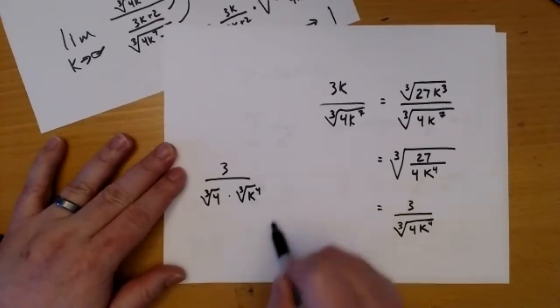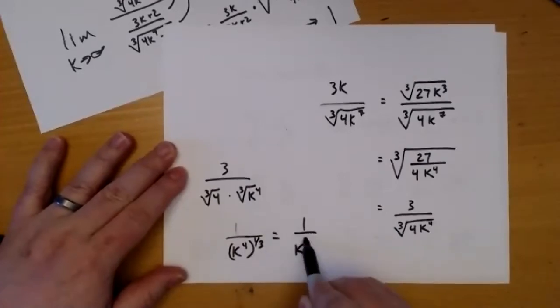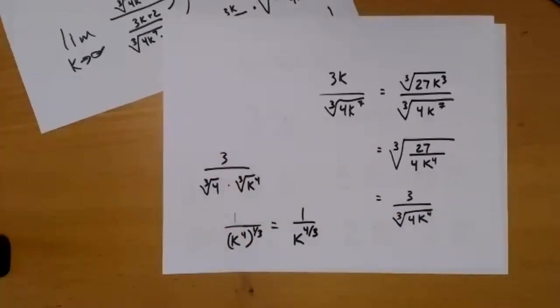And then basically what I'm looking at is 1 all over k to the 4th to the 1/3, which is 1 all over k to the 4/3. So it is a convergent P series. Okay.